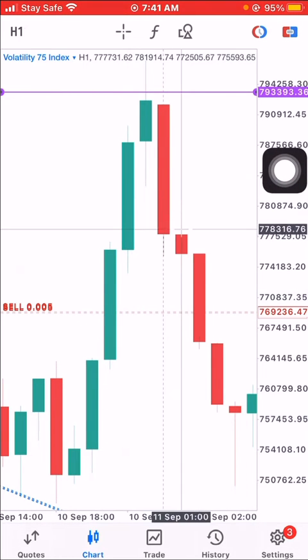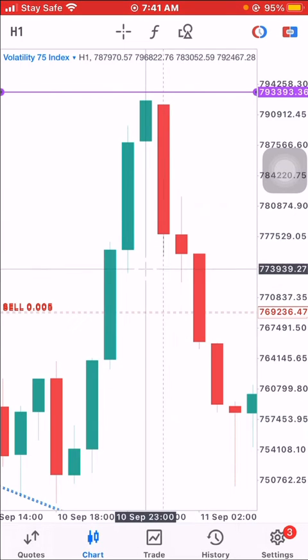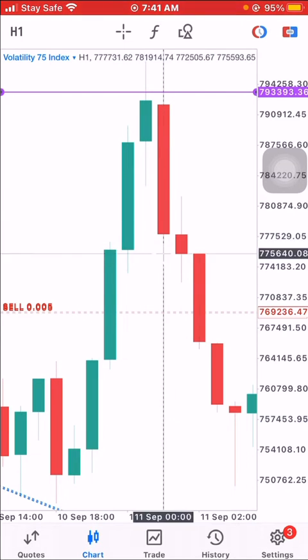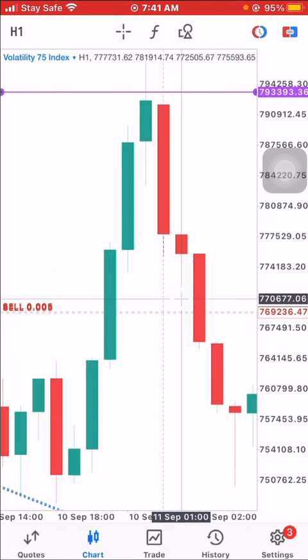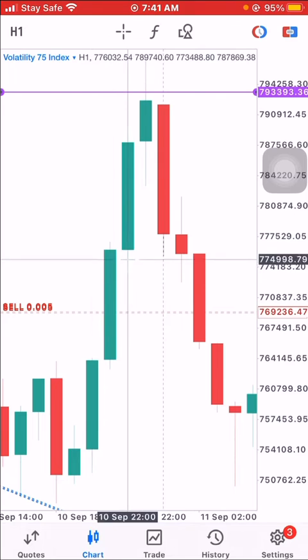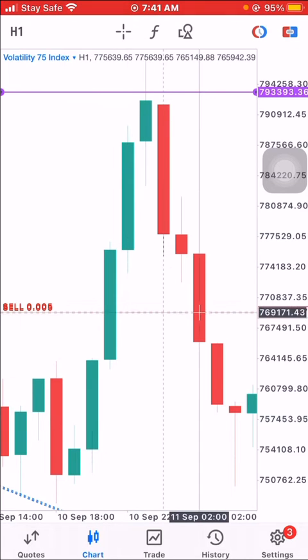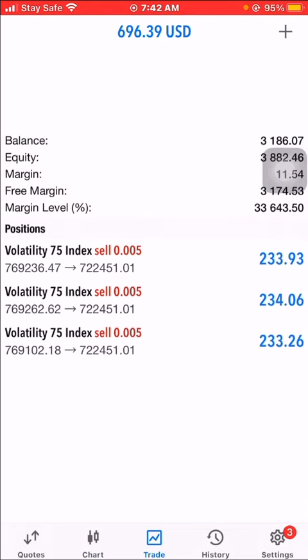This one got rejected. You see there's a wick to the top, a wick to the bottom, so I did not enter as well. I waited for the next candle, and this is where I get my confirmation, because this candle has closed below these levels, and that's where my sell stop order triggered. Yes, I put a sell stop order and it was triggered, and this is the current profit right now.